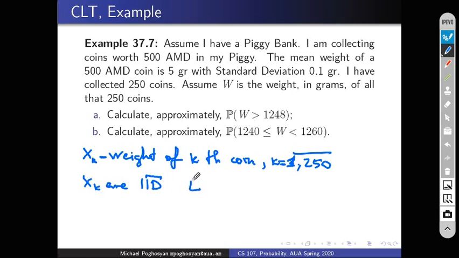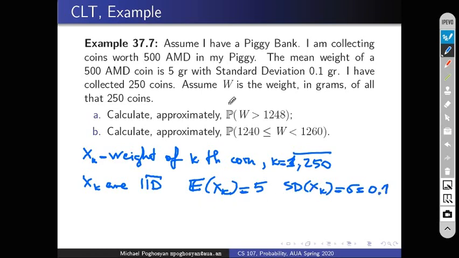Now, what I have about xk is that the mean weight is 5 grams, this is mu, and the standard deviation sigma is 0.1 grams.